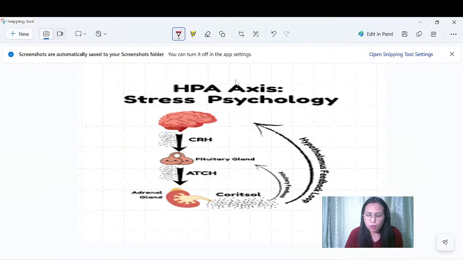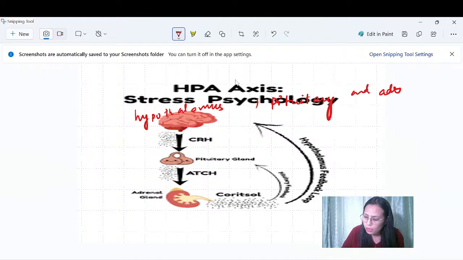This pathway involves the hypothalamus, then the pituitary gland, and the adrenal gland. Now let us see how these organs communicate step by step to produce cortisol.